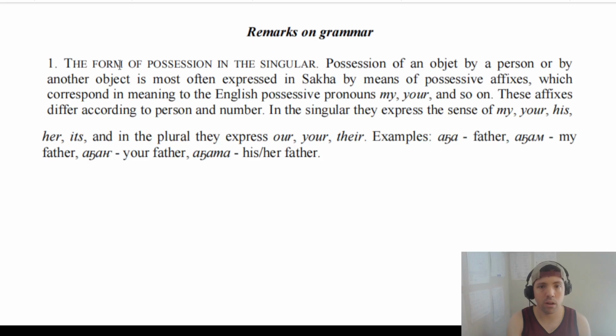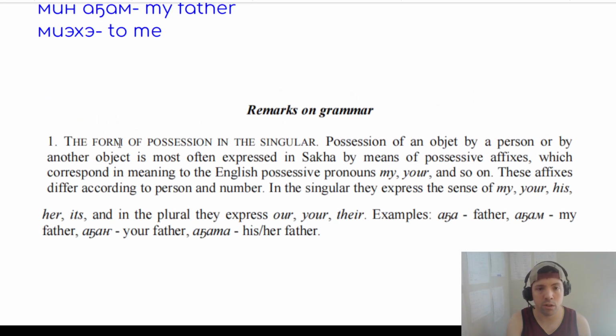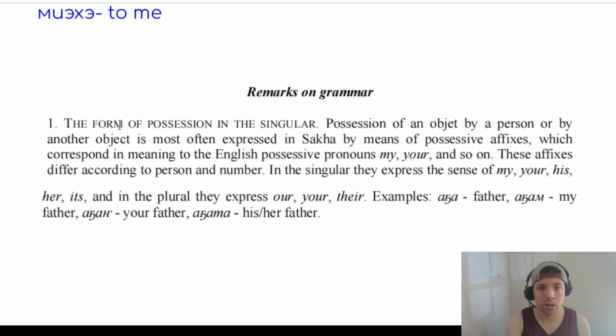Okay, on the grammar. I will summarize. You can read this in the PDF or on the screen here, but I will summarize and then I will read the table. So the possession, in the singular: when you say my something, his something, your something, you are putting an ending at the end of the word.